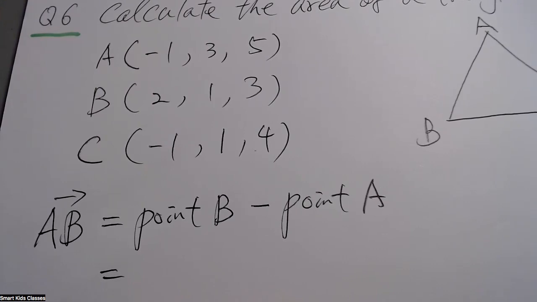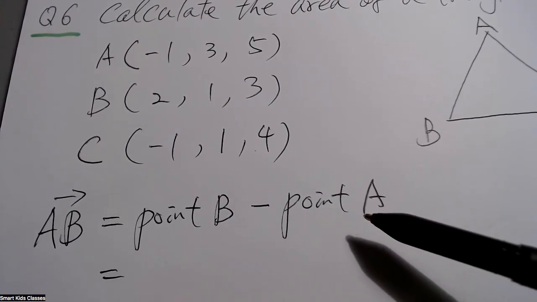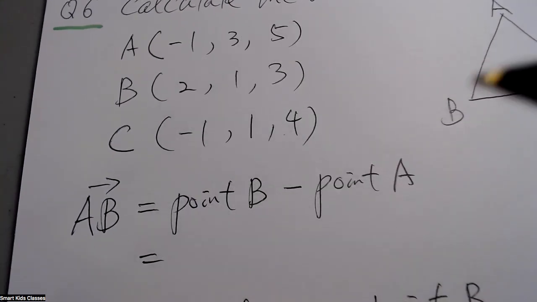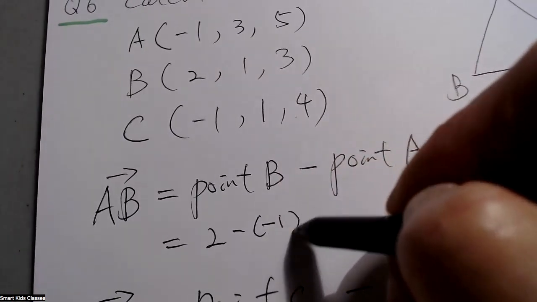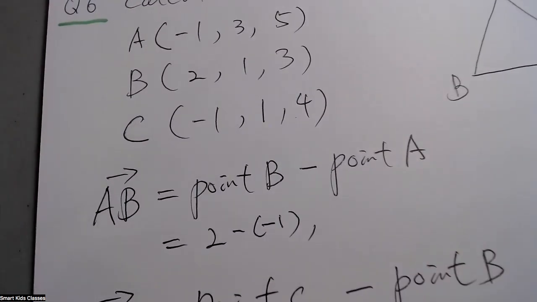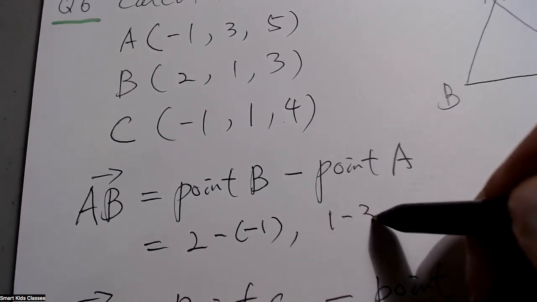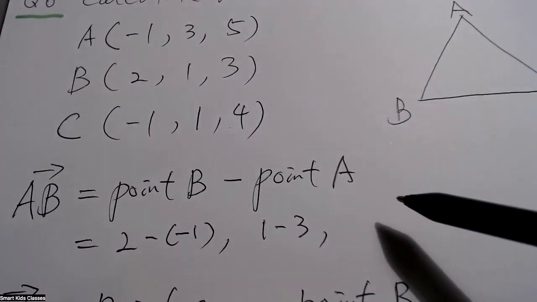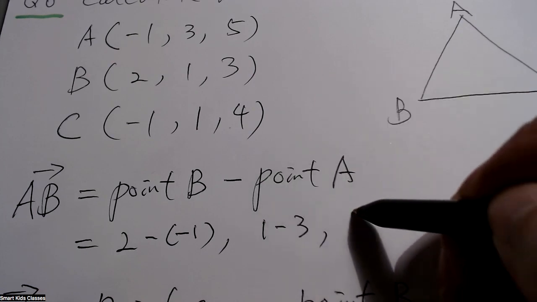Vector AB is going to be point B minus point A. We do the first one: 2 minus -1, that's for X. Then 1 minus 3, that's for Y. And then for Z, 3 minus 5.